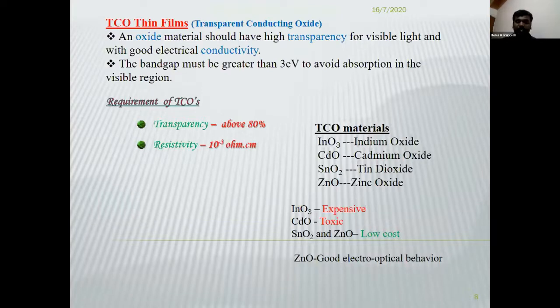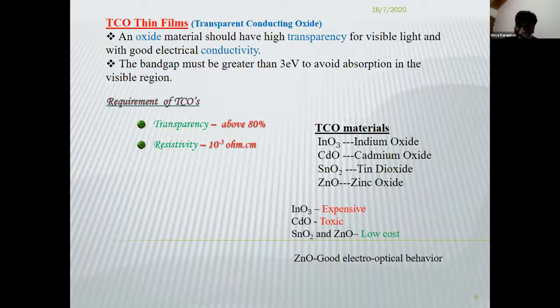The oxide material should be highly transparent in the visible range, and have low electrical resistivity or good electrical conductivity. It's called TCO material. In TCO material, the band gap should be greater than 3 electron volts, so it avoids absorption in the visible region.